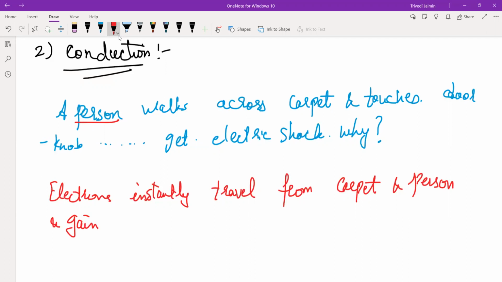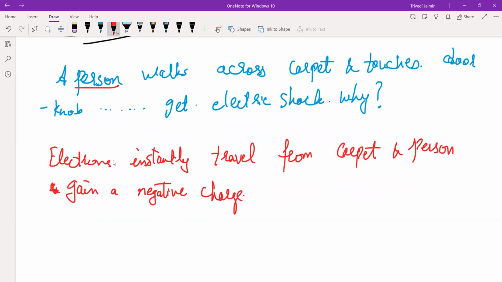Electrons are instantly transferred from the carpet to the person. What charge does the person gain? The person gains negative charge. Exactly, negative charge. Now he has gained negative charge.